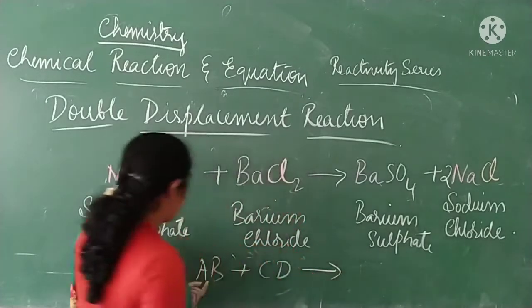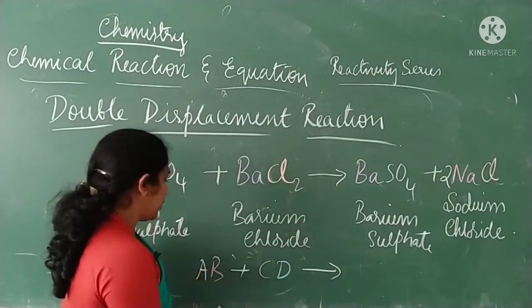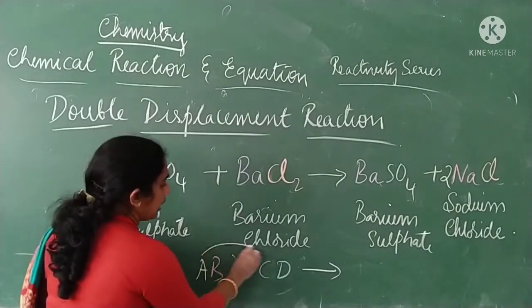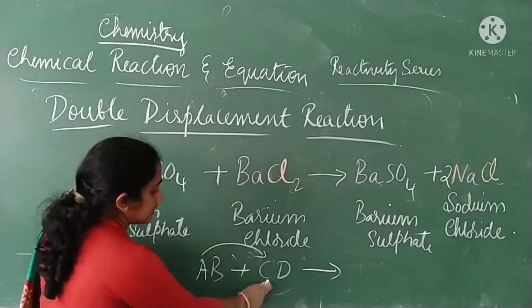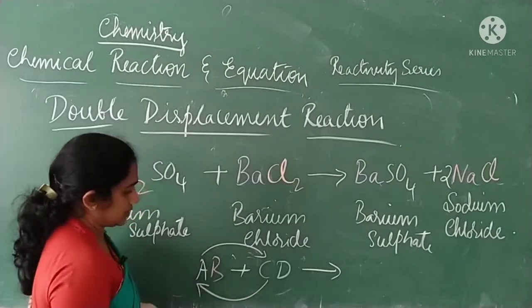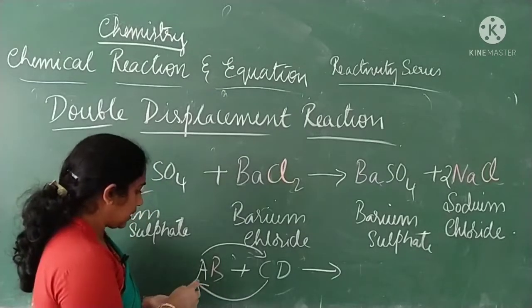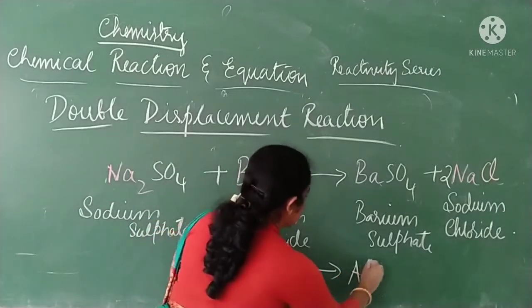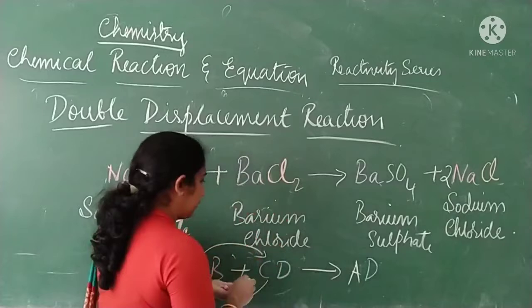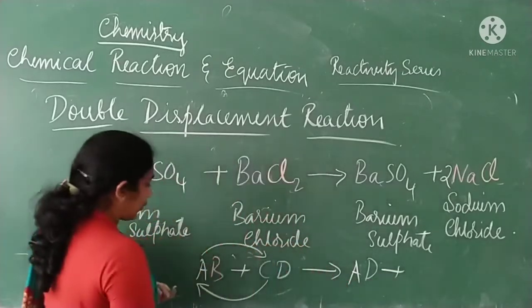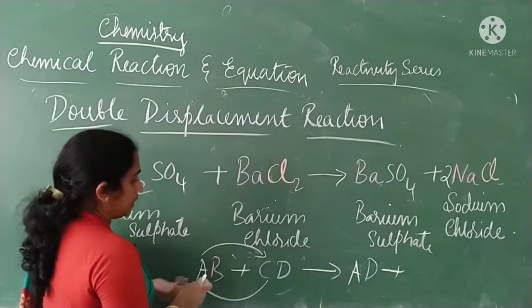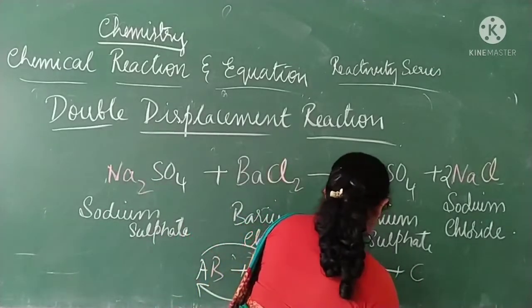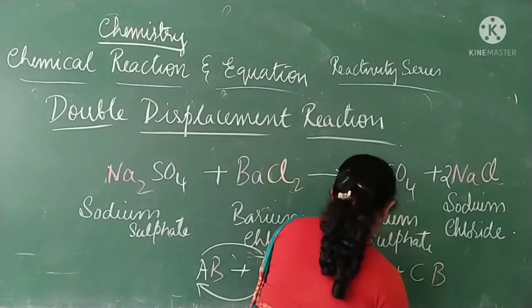There will be a mutual interchange of places. A occupies C's place and C occupies B's place. So we get AD, plus the other product, CB.